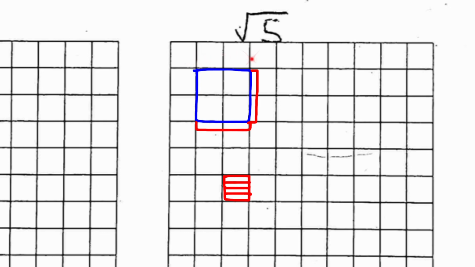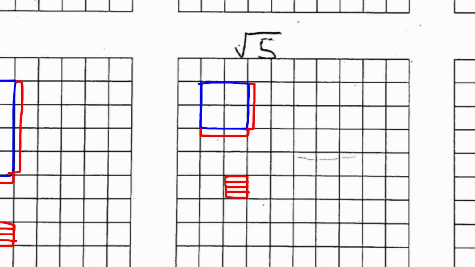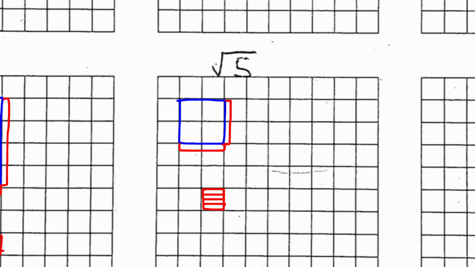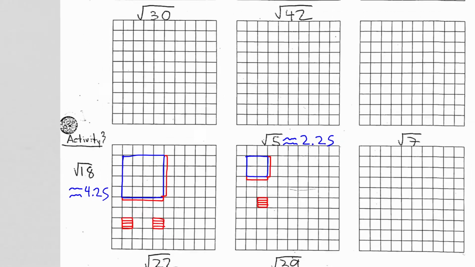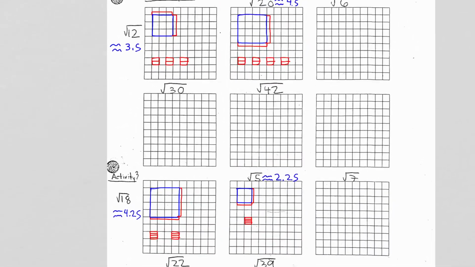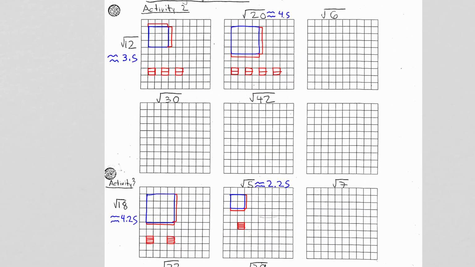So it's 2 1/4, 2 1/4, 2 1/4, 2 1/4. So the approximate square root of 5 is the side length of this imperfect shape, which is approximately 2 1/4, or 2 25/100. So that's how you visually show the approximate square root of imperfect squares.